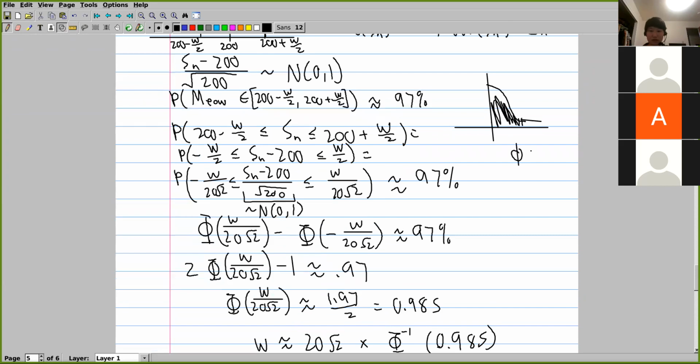Then it would be phi of this right side minus 0.5 equals half of 0.97. Is there a reason why we don't do that for all standard normals since they're all symmetrical? I mean, you can. I just did it this way because it follows my train of thinking better, but you don't really have to. I see. Okay, that makes sense.